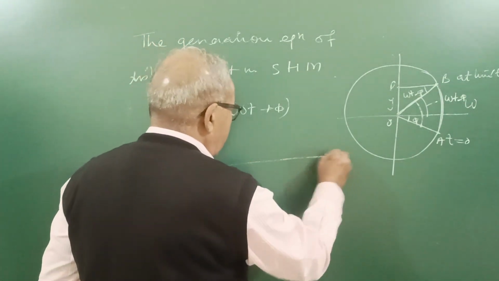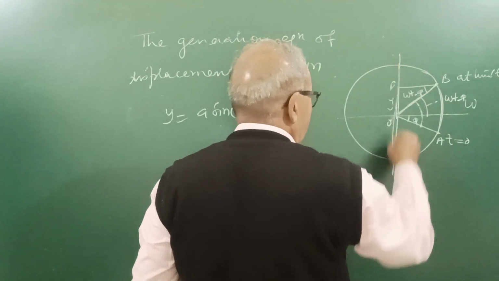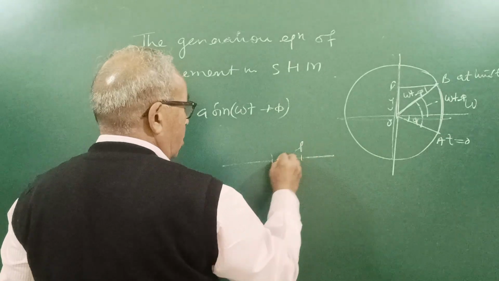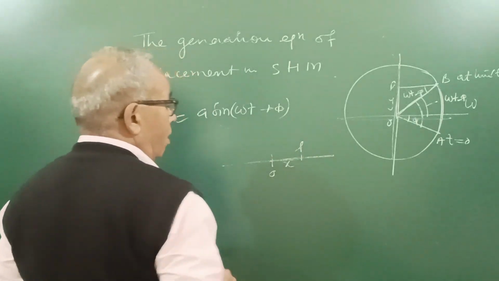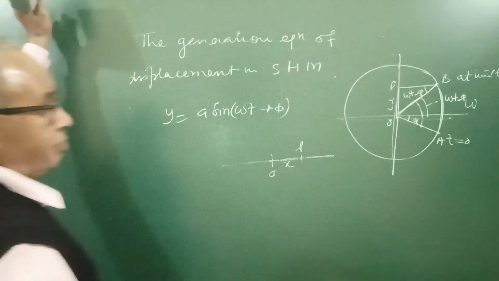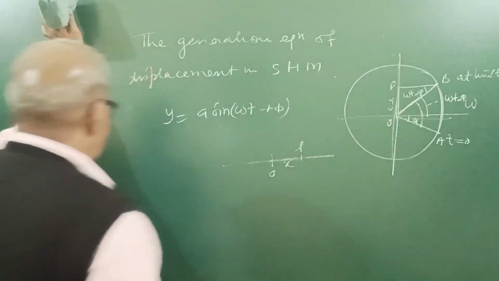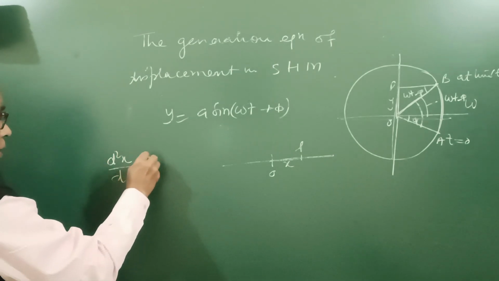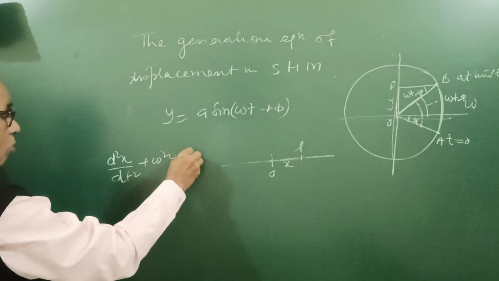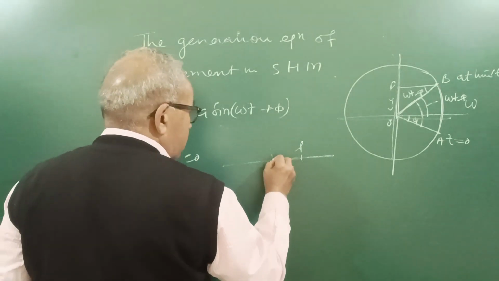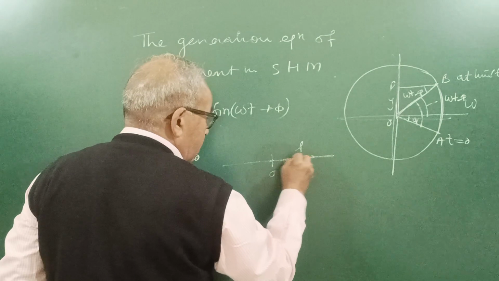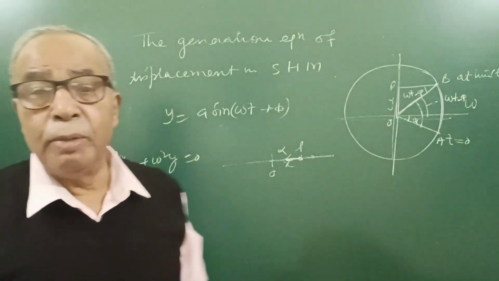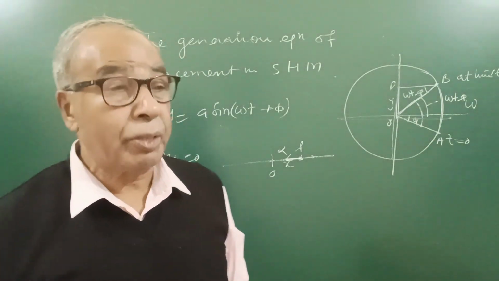I told you it is like this. भाई यहाँ पर ये बजाय अगर मैं ये ले लेता हूँ जैसे एक्स एक्सिस पर, तो ये मिड पॉइंट होगा, पॉइंट यहाँ, तो ये डिस्प्लेसमेंट एक्स, and I further told you the general equation is also taken as d2x upon dt square plus omega square y equal to 0. So the body starts here going this way, but acceleration is always towards the equilibrium position. You must remember the direction of acceleration.